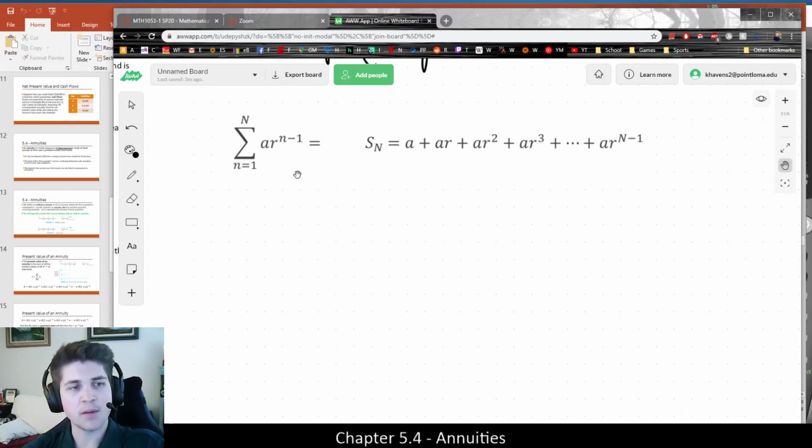If we expand that, we start by plugging in 1. That would give us ar to the 0, which is just a, the first term. If we plug in 2, we get ar to the 1. So the expansion of the geometric series has the first term, then the first term times the common ratio, then we're multiplying by another r, and another r.